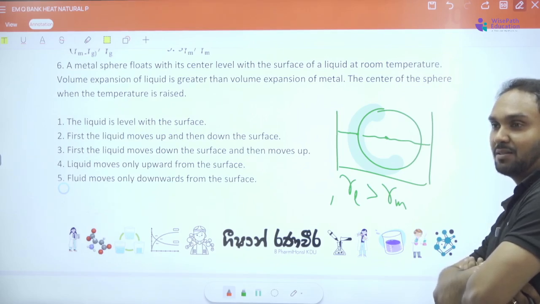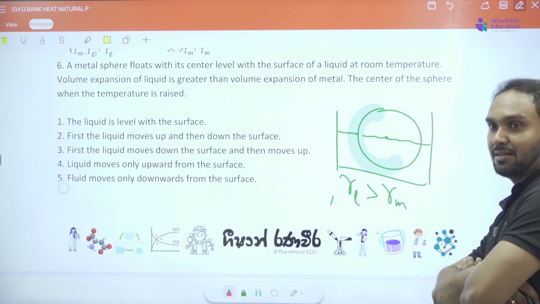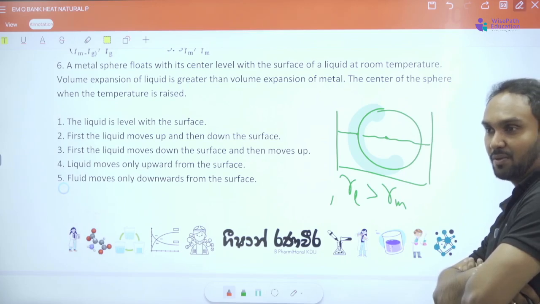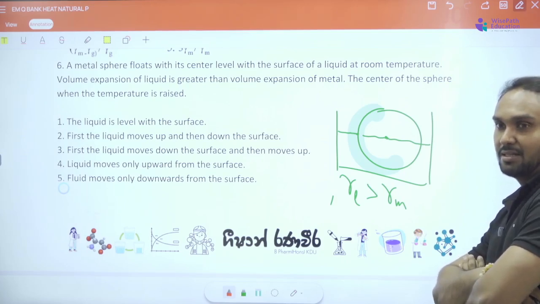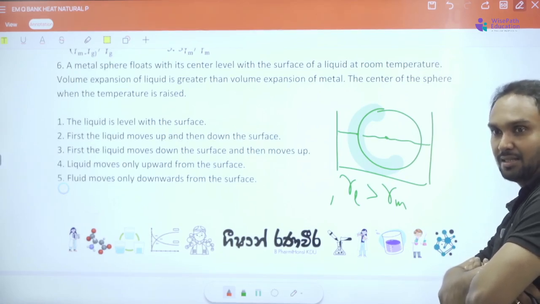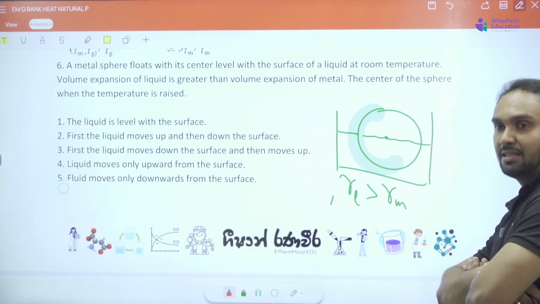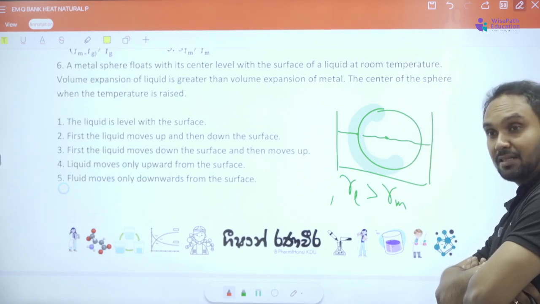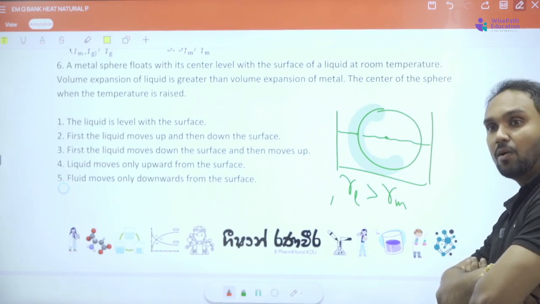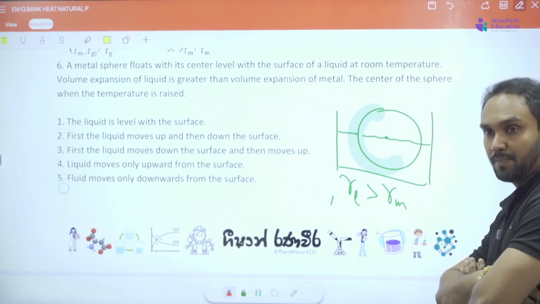You actually have to consider the densities, because what defines if it goes up or down, if it is to float or to sink, is actually density, right? Density defines it. If the density of the liquid increases, the sphere will go up.